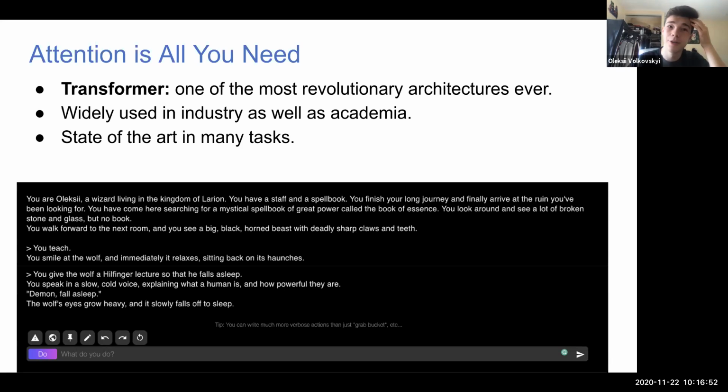Tasks like question answering, filling in blanks in sentences, generating text, summarizing articles, all of that right now is done with transformers.